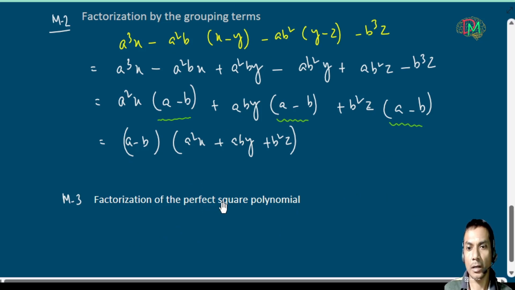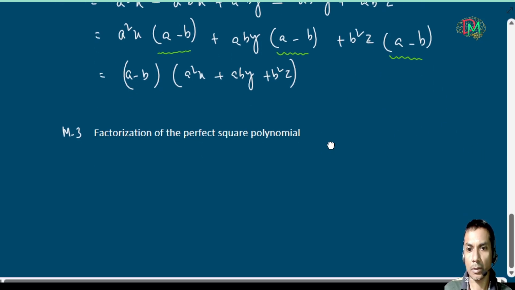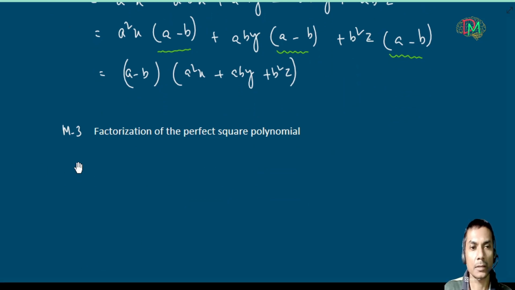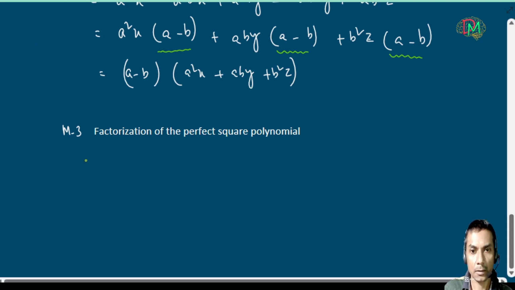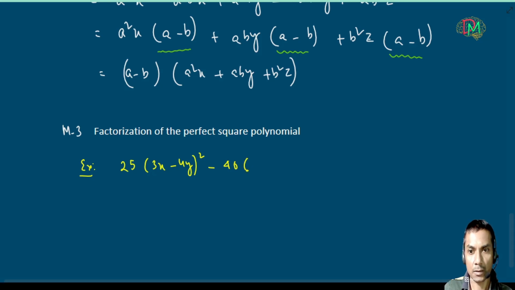Next we learn the factorization of perfect square polynomials. Let's take one example from the exercise. Suppose the example question is: find the factors of 25 (3x minus 4y) square minus 40 (9x square minus 16y square) plus 16 (3x plus 4y) whole square.